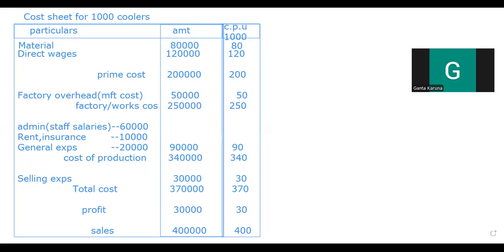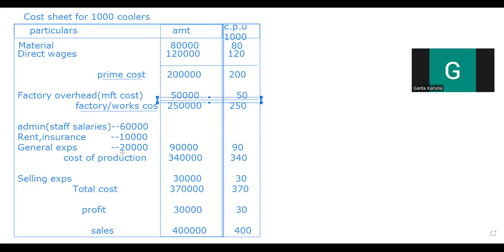So now we are marking our lines so that it is going to be easy for you people. Here my first prime cost, which is a total of this one. Then I got my works or factory cost, which is again a total of adding this one.